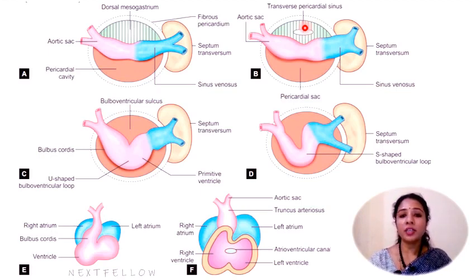Pulmonary veins develop in the dorsal mesocardium and open into the posterior wall of the left atrium. Coronary arteries and associated veins are considered to be the vasa vasorum of the heart. So this is a basic idea on the whole about the development of the heart.